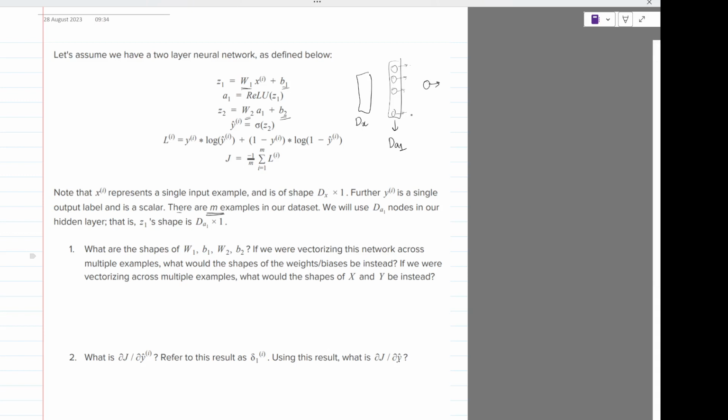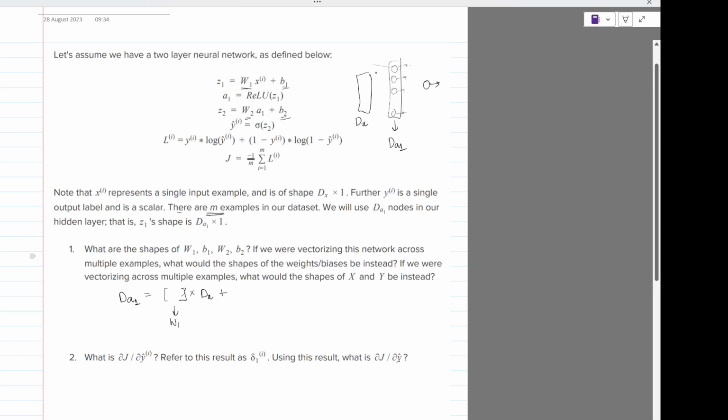So the vector that is formed has a shape of dA1, and it is formed by multiplying a matrix of certain shape, which is W1, into this xi, which is dx dimensional, plus your bias.